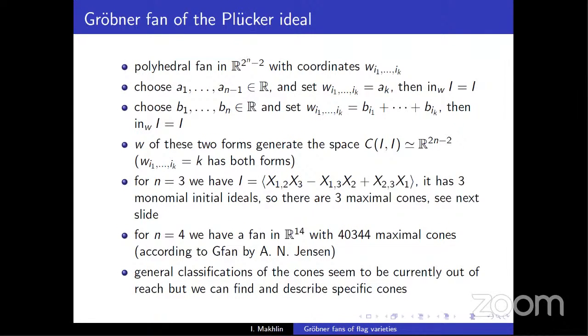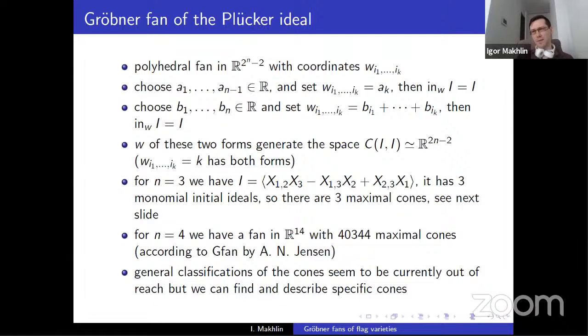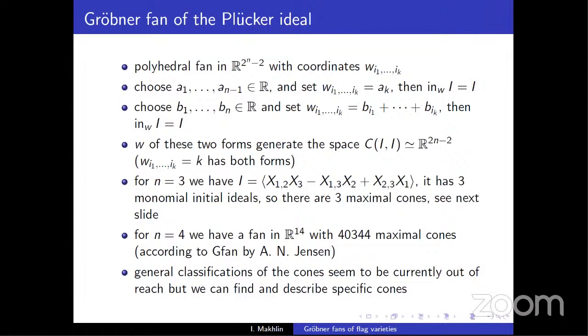If we consider coadjoint orbits of the complex, the complex coadjoint orbits, then we have a generic orbit and the nilpotent one. Is it a Gröbner degeneration?